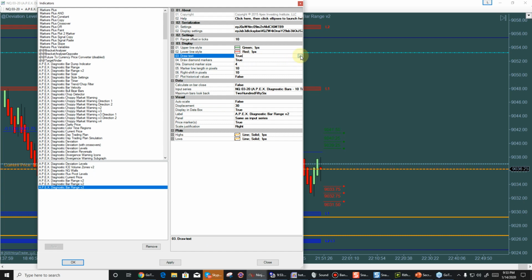You can say don't put the text on there. Like, you could literally say false on the text. And then, you know, all you're going to get is the little diamond. It may be harder to see, but there's different ways you can play with this. So you can play with this, and you can make it what's easiest for you to see.